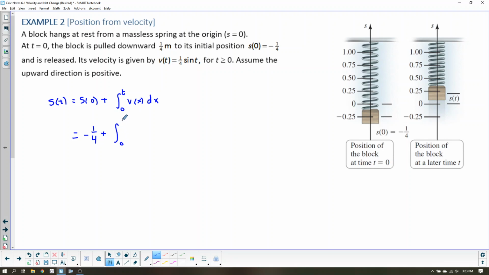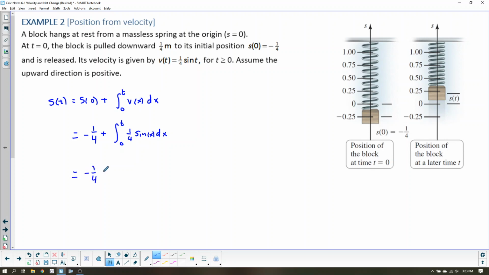Integrating from 0 to t, and we have 1/4 sine of x dx. So notice the difference here is that we're doing a definite integral where we had an indefinite integral before. But the benefit of this is we won't have to do the extra step of solving for c. That will happen naturally when we evaluate the definite integral.